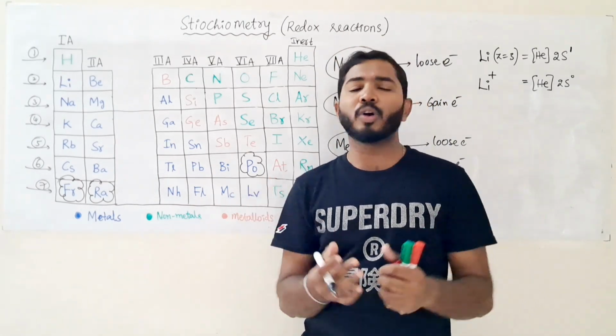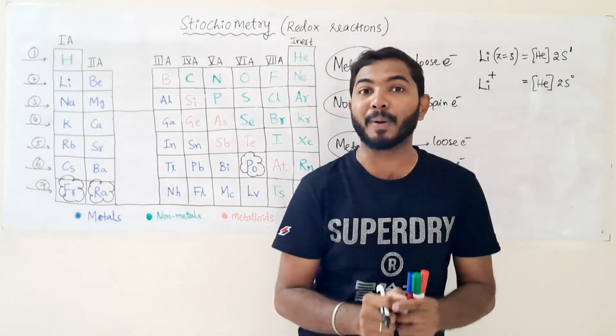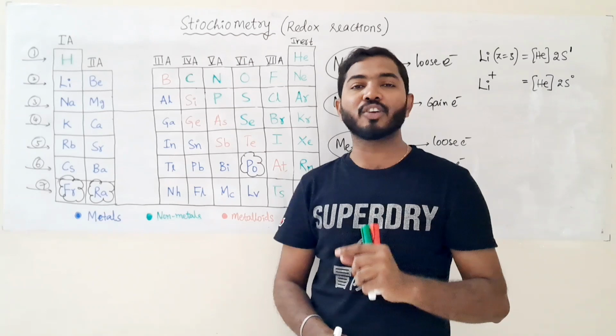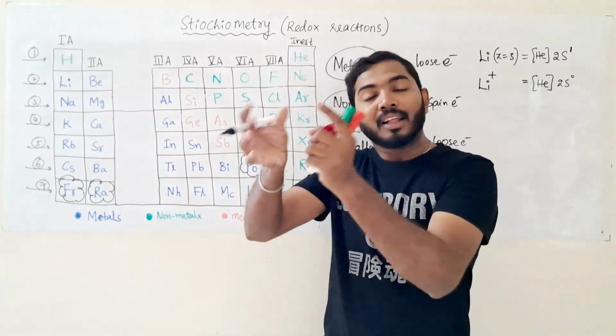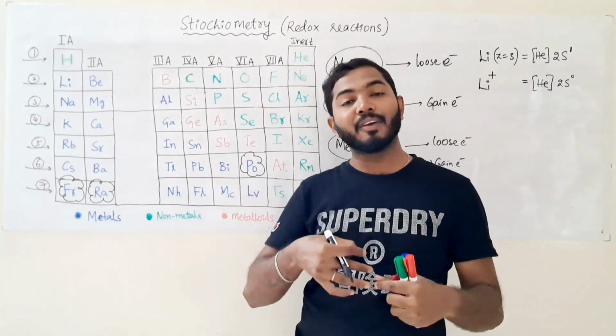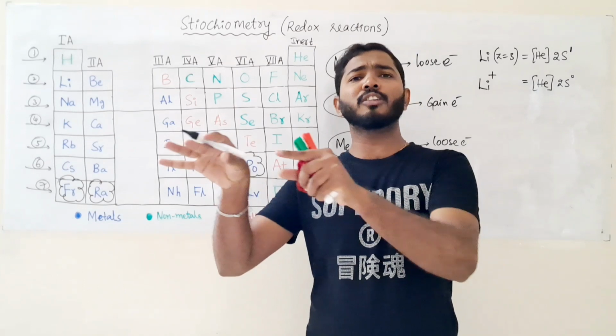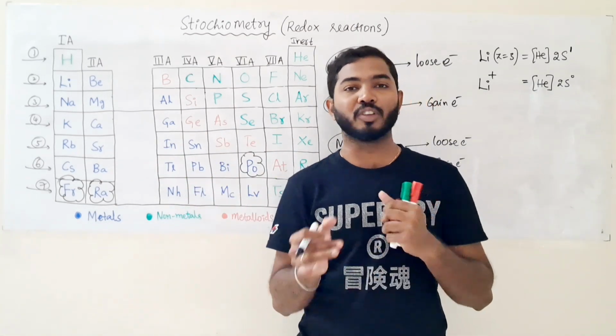Sodium will ask, why would I give 1 electron? Fluorine will try to explain, if you lose 1 electron, then you get the preceding neon gas configuration, and I will take that electron and I will also get stable. So this is the mutual understanding the elements are going to generate among themselves.